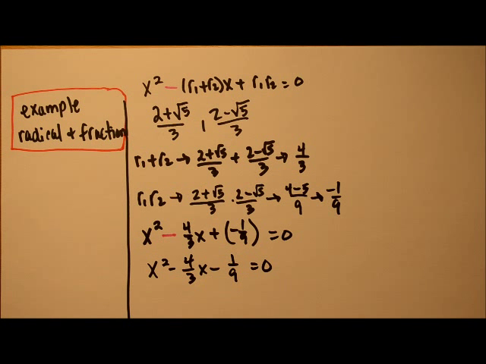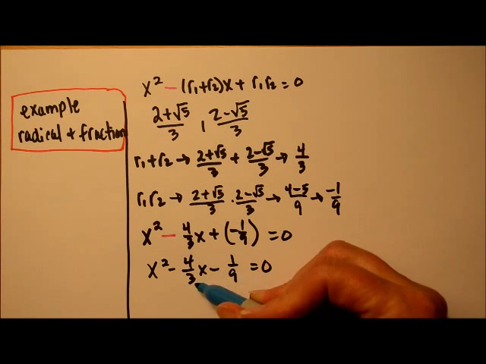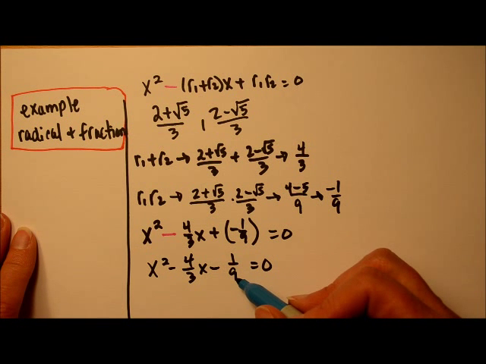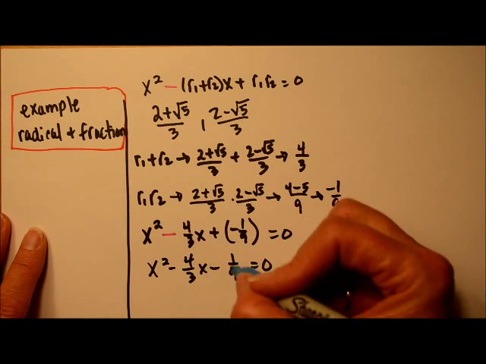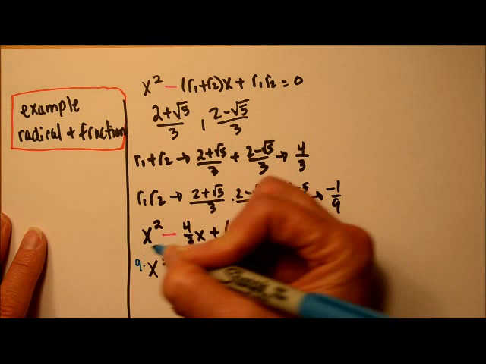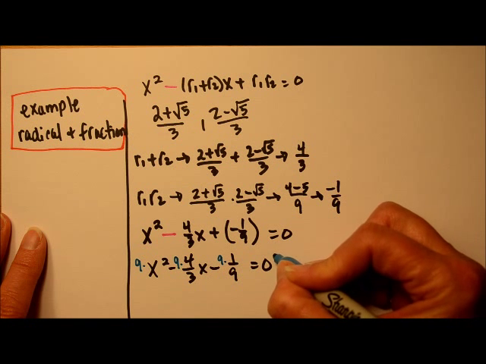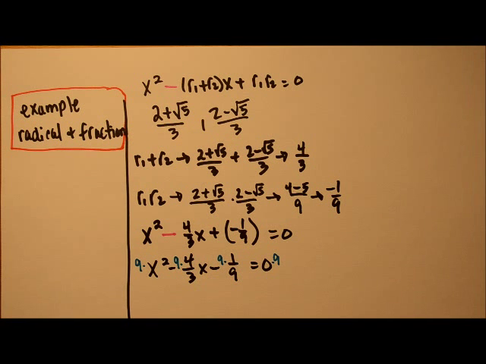Okay, but it has a fraction. I need to get rid of it. So if I need to get rid of a fraction, I'm going to take the biggest denominator here, and of course 3 goes into 9, so I can use it. I'm going to multiply each piece by it. So it's going to be 9 times x squared. I'm going to have a 9 times here, a 9 times here, and a 9 times here. Just get rid of that fraction because I can't have it.